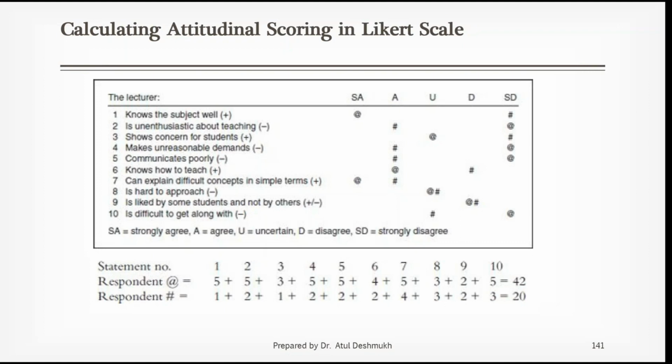When it is not differentiating, when the attitude for the entire batch is the same about a particular problem, such an item is not needed because it is not going to give additional information to analyze. So such non-discriminative items should be removed from your statements, because there is no differentiation.